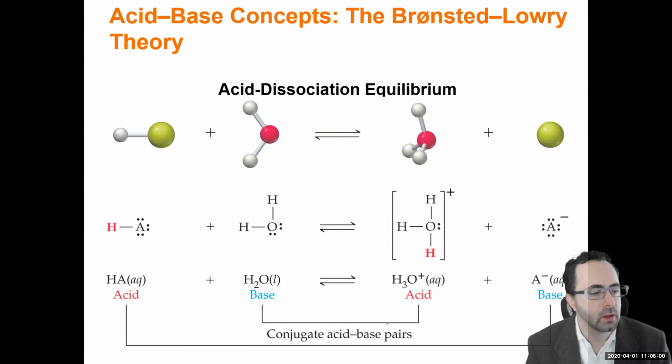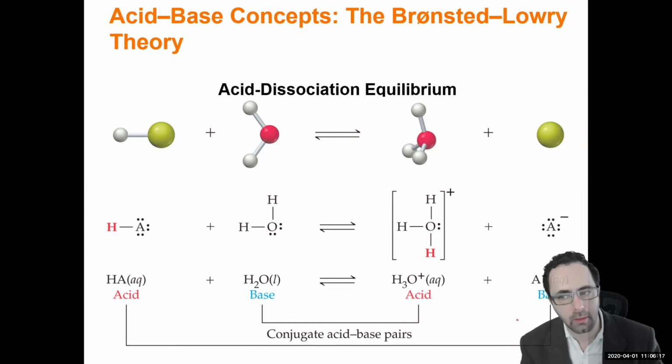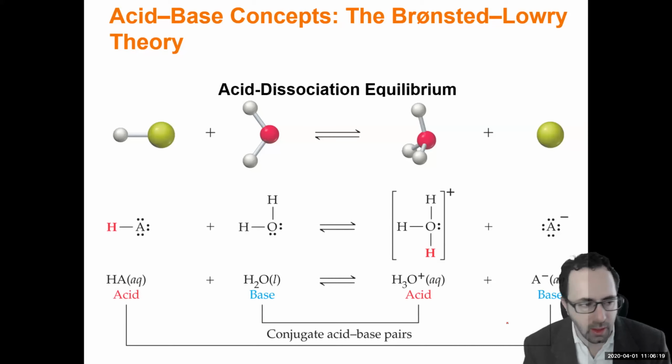And when we have 2 of these separated by 1 H plus, so the difference between water and H3O plus is 1 H plus, we say that they are conjugate acid-base pairs. The HA and A minus differ by 1 H plus, so they are also conjugate acid-base pairs. A minus is the conjugate base of HA, and HA is the conjugate acid of A minus.